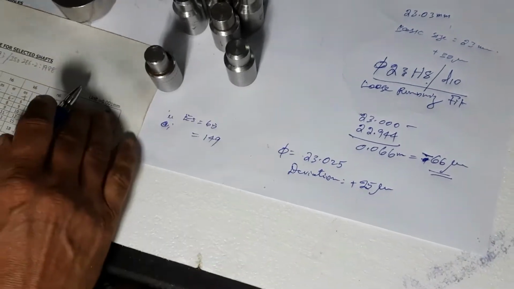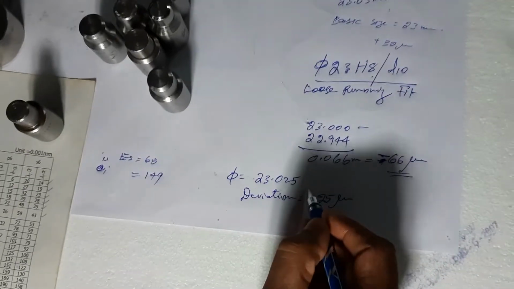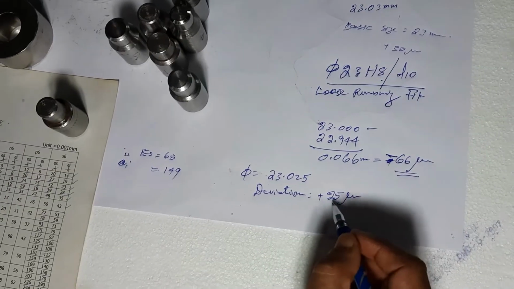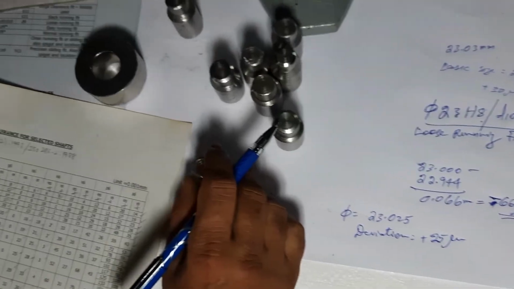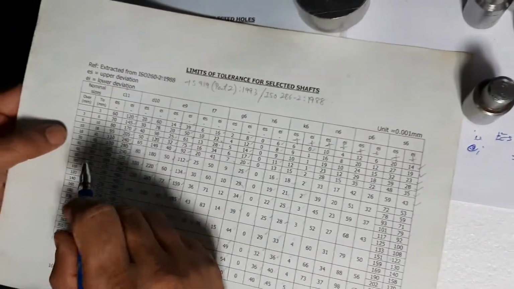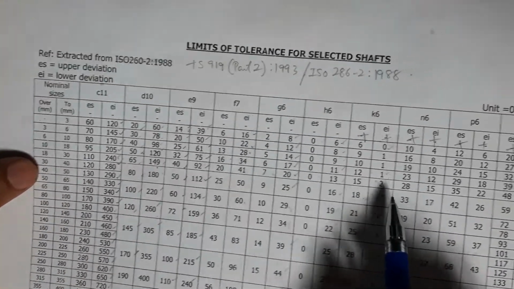Now the measured value of the shaft is 23.025, so 25 micron more than the basic size. So plus 25 micron is the deviation. Then from the chart you find out the grade of the shaft. For 18 to 30, plus 25 micron should come.